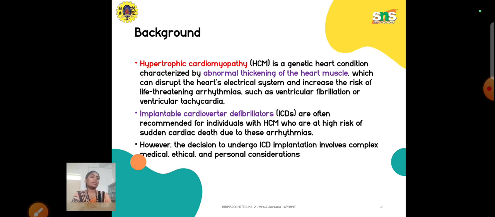So there will be so many constraints in taking this type of treatment. So let's see what are the personal considerations of the patient, and what are the medical and ethical considerations we have to take into account when we go with decision taking.